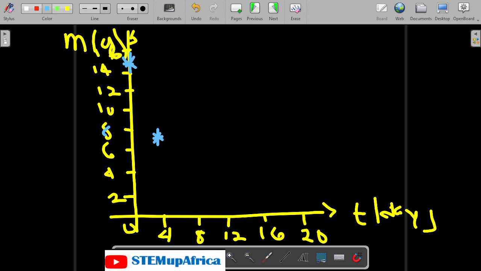Then for 8 days, 3.75, this will be above 2, close to 4. Then for 16 days, 0.9375, very close to 1, between 1 and 2. So at the end of the day, use a french curve or anything to achieve a smooth curve such as this.